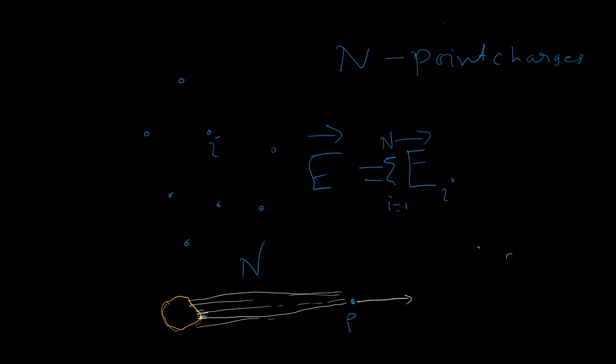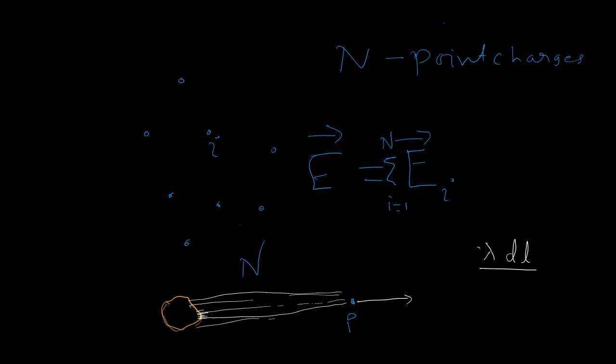If line element is dl dash, small line element of this one, then charge per unit length at that point is lambda. This is the lambda, charge density per unit length.